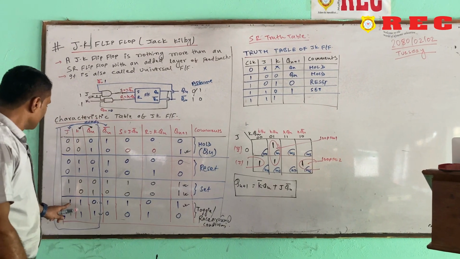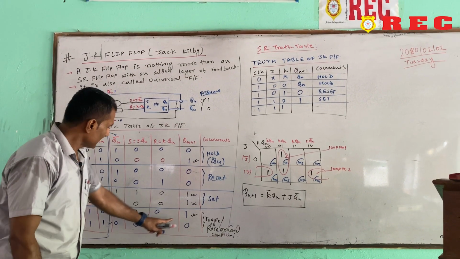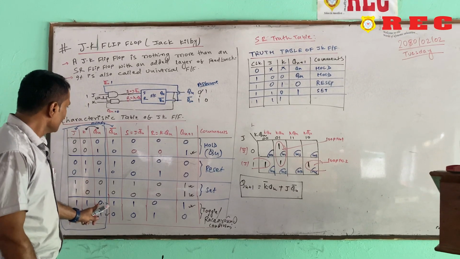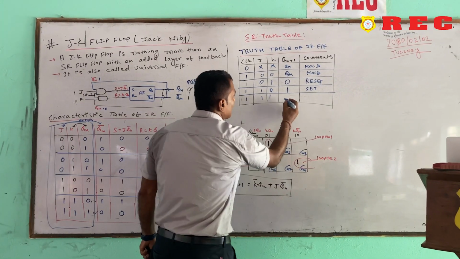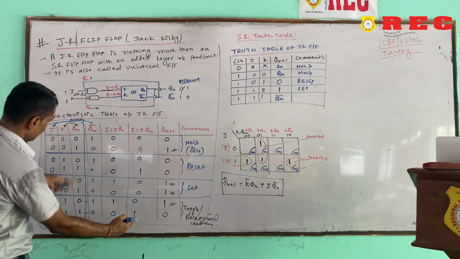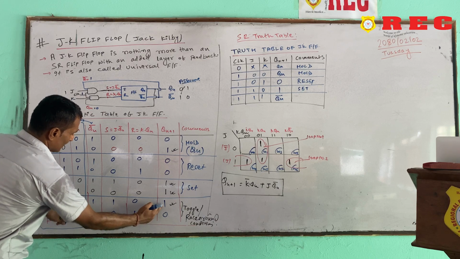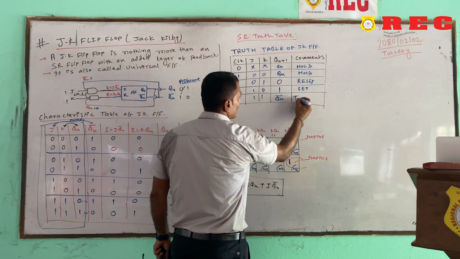And finally, when J was 1 and K was 1, at that time we have seen the just opposite of the Q n, and we say this is the toggle. So, we can write here Q n complement. What was the Q n? If 0, then this is 1; if 1, this is 0. So, Q n complement, and this is known as the toggle.